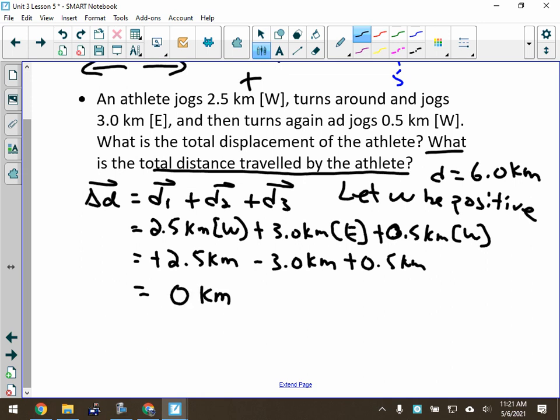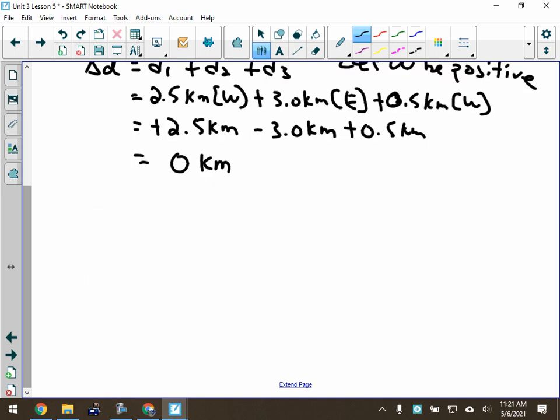Now, this is the one exception. That's why this example's here. Is this a positive 0 kilometers or a negative 0 kilometers? The answer is, it's neither. So in this case, we actually will not have a direction. This is the only time this happens.